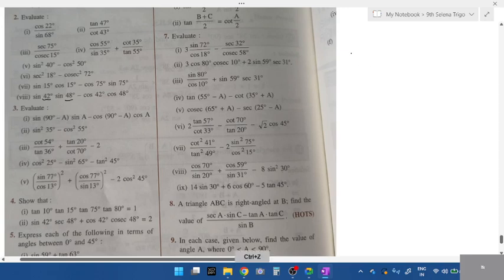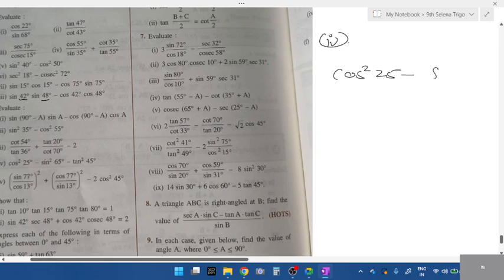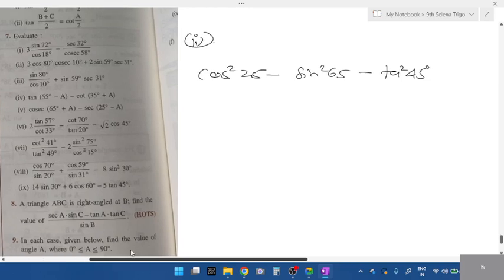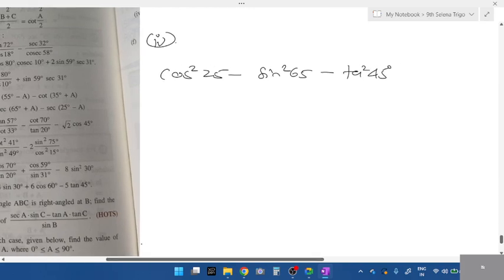Fourth one. Third one we did, right? Fourth: cos square 25 minus sin square 65 minus tan square 45 degree. This time we have three values. How will you solve this?